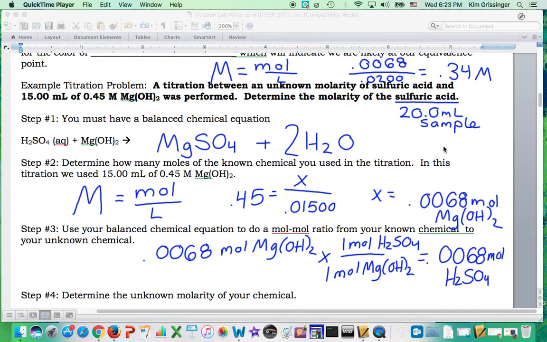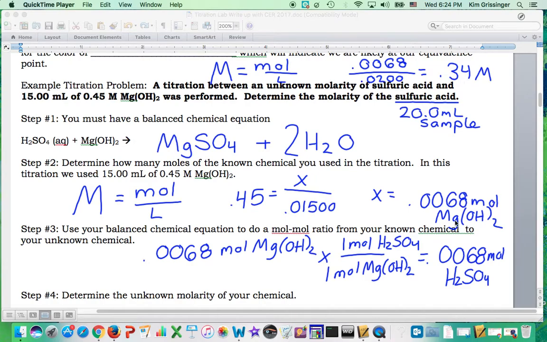Like I said, I accidentally deleted it from the problem, so I apologize. So I took my 0.0068 moles and divided by my 0.0200 liters, and I got my unknown molarity. Calculate those today, and when I see you on Friday, I can give you the real one, and you can see if they match or not.